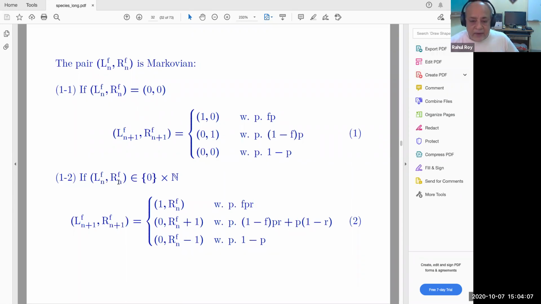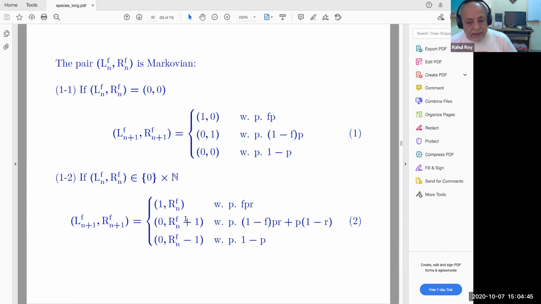Or if L_n(F) is 0 and R_n(F) is positive, then there could be a birth with fitness less than F with probability FpR. Because if a birth is not a mutant, then it has to stick to one of the existing sites, and the existing sites are all to the right of F. So a new birth on the left can only come if it is a mutant, and that has probability F times pR.